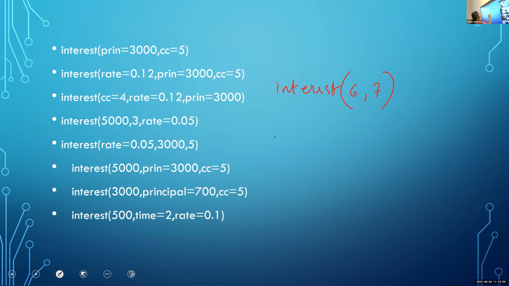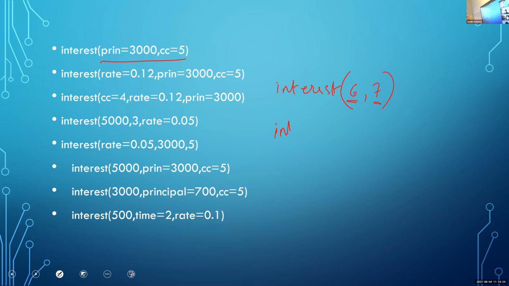The last one is named argument. This is an example for named argument. That is, instead of giving the value alone, in the case of keyword argument, we are giving name along with value. Okay, that is keyword or named argument. In the case of positional argument, we are just giving values.